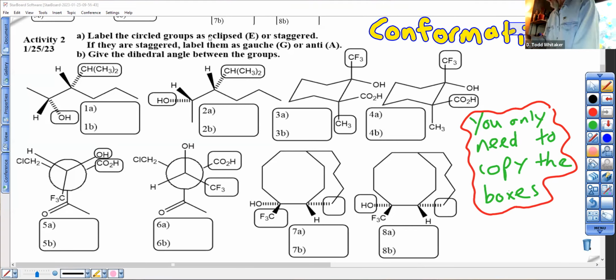Big words: eclipsed and staggered. Which one sounds like groups are in front of each other on adjacent atoms? You got it. Eclipsed. Which word sounds like things are evenly spaced on adjacent atoms? You guessed it. Staggered.